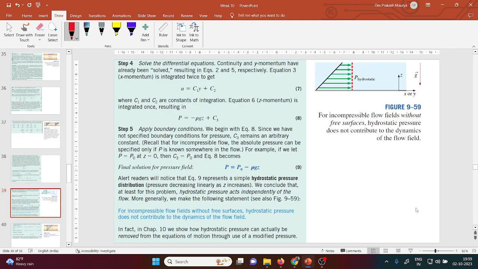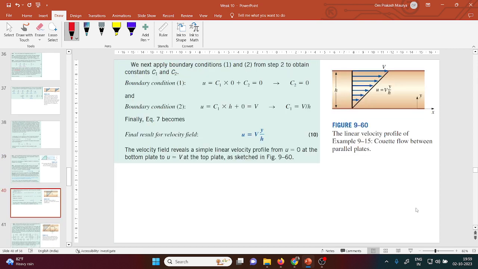Step 4 and 5 is there, and how velocity is varying linearly. If you solve this question you will see.